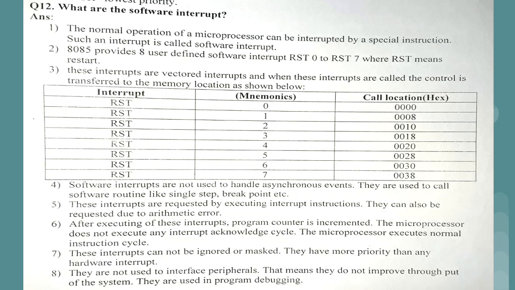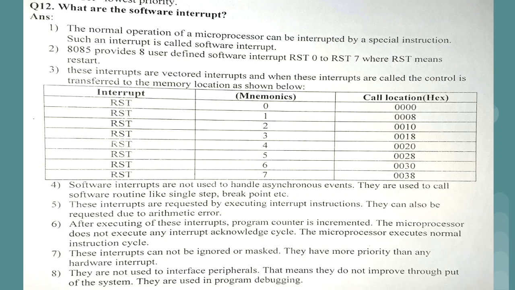To solve them, we have to find some solution for this type of interrupt. Then and only then will the execution of the remaining program be done smoothly. They cannot be ignored or masked because, as compared to hardware interrupts, software interrupts have the highest priority.